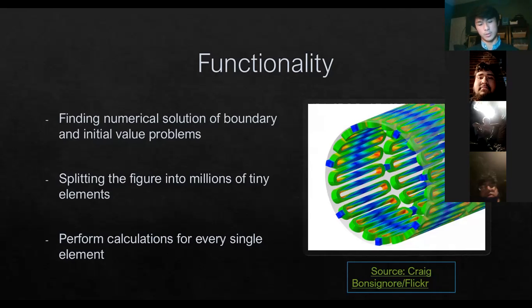To run this type of experiment, a mesh is first generated, which contains millions of small and tiny elements that make up the overall shape of the structure. That way, we can see all the mathematical points of a 3D object, which we can now analyze. Then calculations are performed for every single element, which combine to make up the overall structure of the figure.